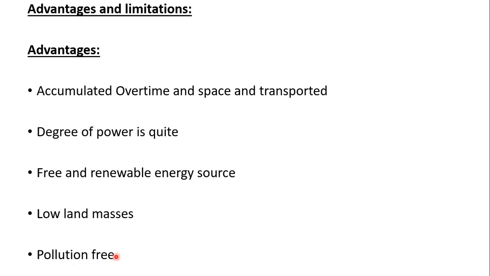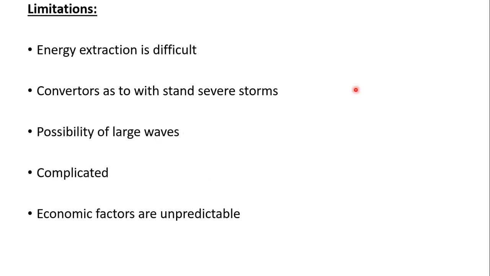These devices are relatively pollution free, because they remove energy from the waves and leave just water as a waste. Water is not a pollutant, so this can be termed pollution free. Next, coming to the disadvantages or limitations.